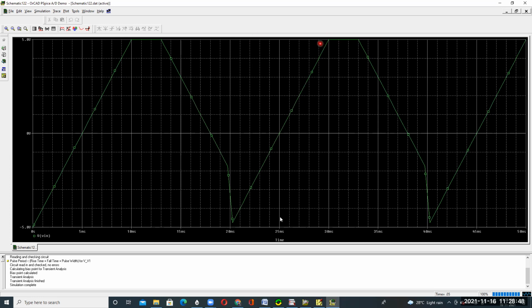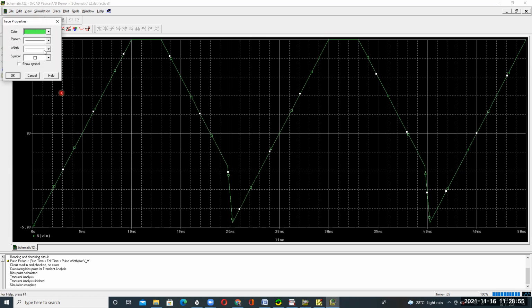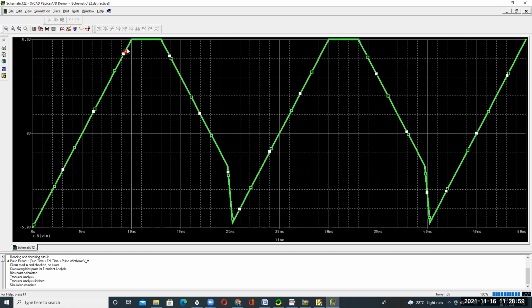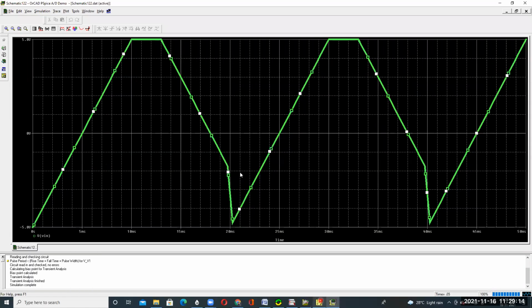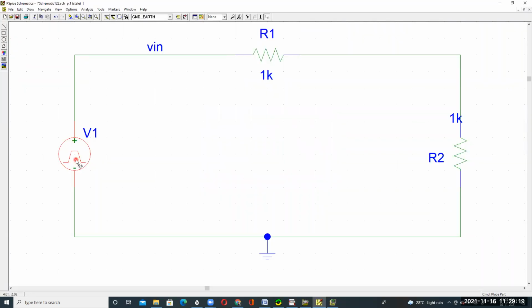If the pulse width is small, then we'll get an exactly triangular waveform. This pulse width is 3 milliseconds: 1, 2, 3. In this schematic, I took the pulse width as 3 milliseconds, that's why the waveform is generated like this. If the pulse width is very, very small, you will get an exactly triangular waveform.